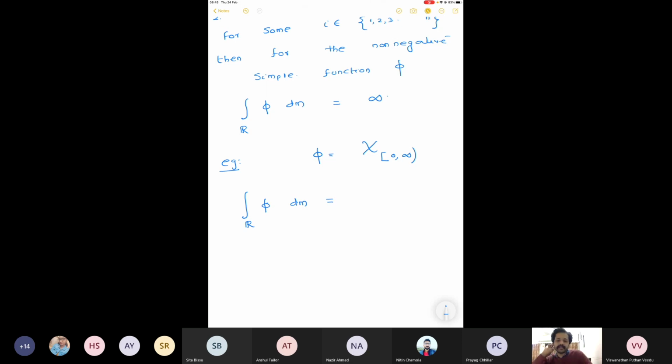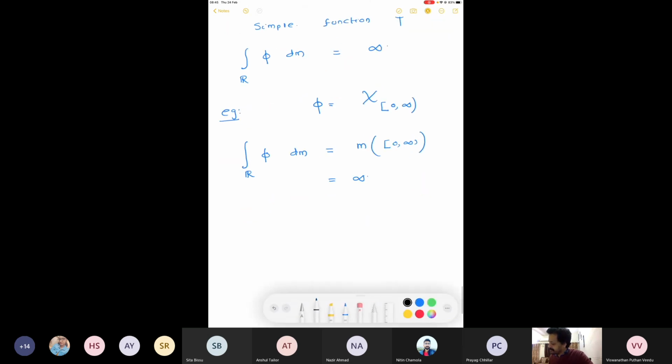The values taken times the measure of the set on which that value is taken. The value taken is 1 on (0, infinity), and the measure of (0, infinity) is infinity. So this will actually be the measure of (0, infinity). Are you with me? And that will be equal to infinity. Okay. So you can have a simple function whose integral is infinity.